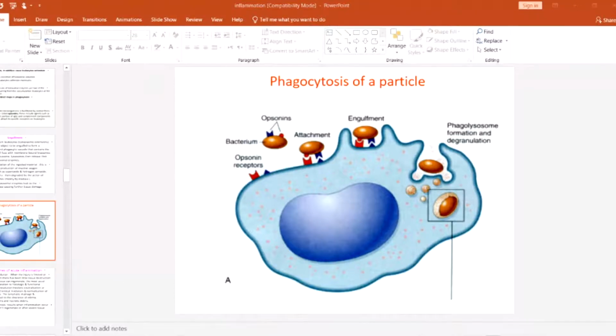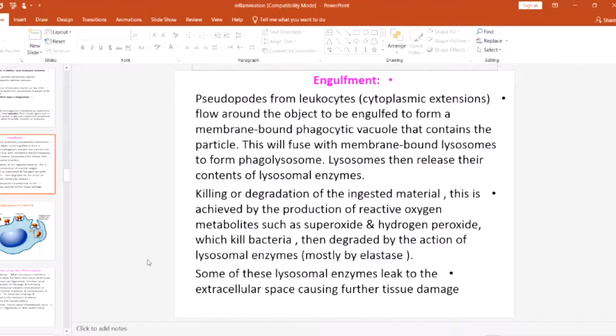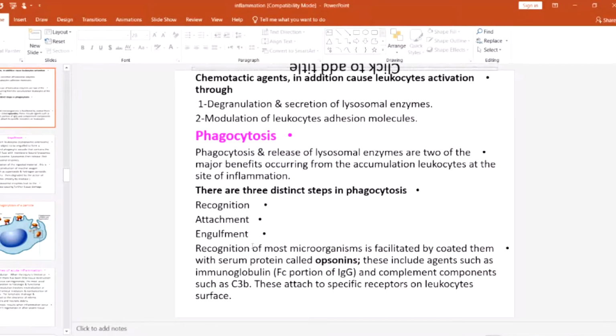Now the white BC cannot recognize the bacteria unless there is opsonine. What is opsonine? Opsonine is a protein, could be part of immunoglobulin, which is IgG, these are the antibodies, or part of complement.